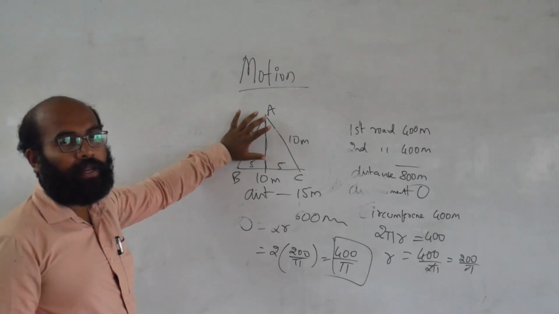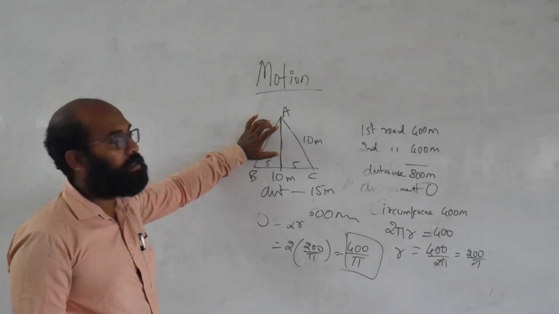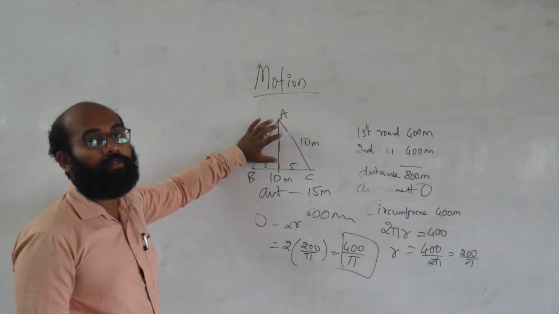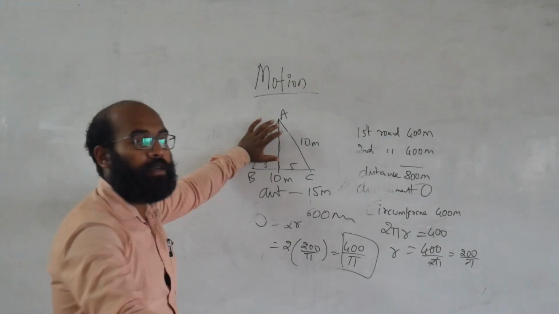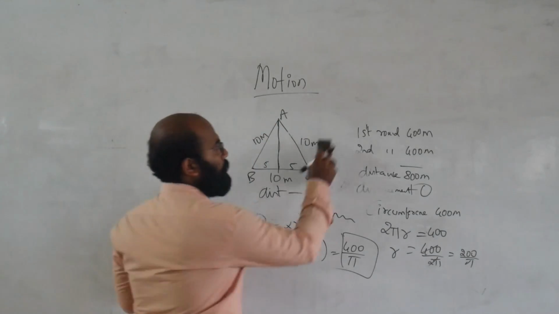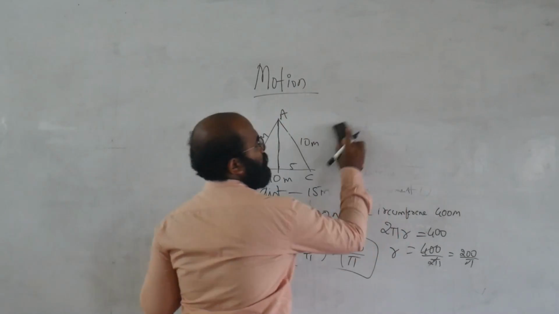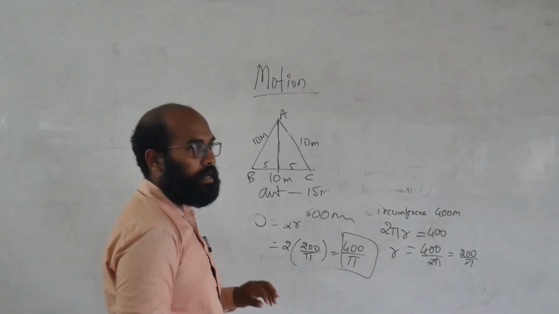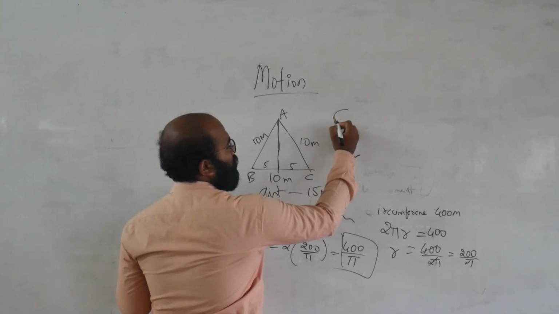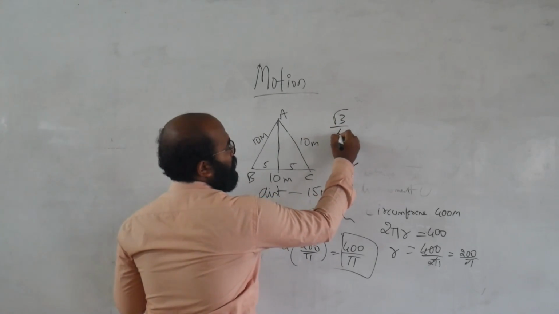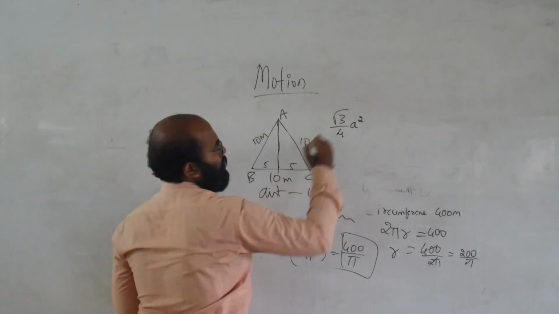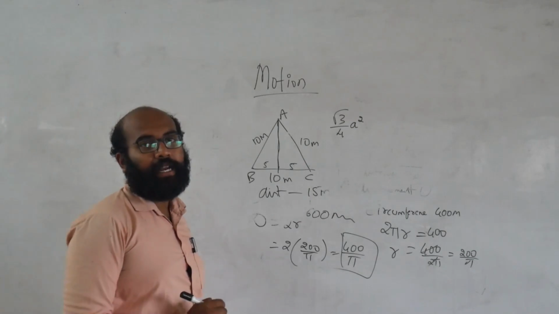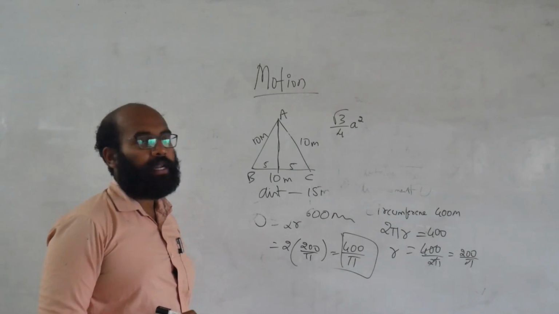You can do it in two different methods. I will leave this for you. I will just give you the steps of how you can do it. One way is using the area of an equilateral triangle. We know that the area of an equilateral triangle is root 3 by 4 a square, where a is the side of the equilateral triangle.